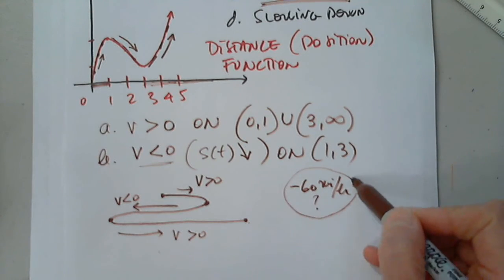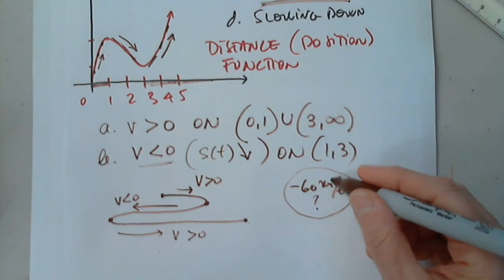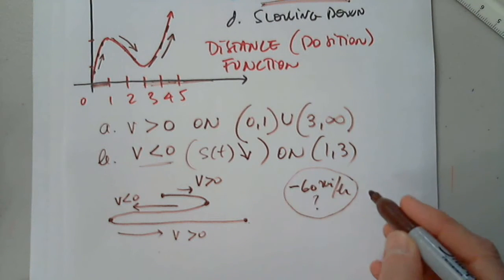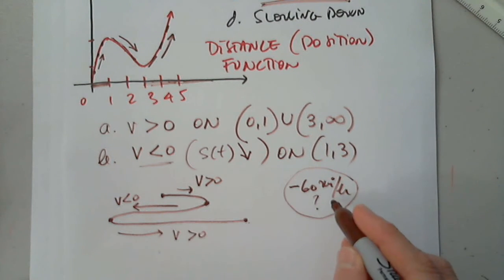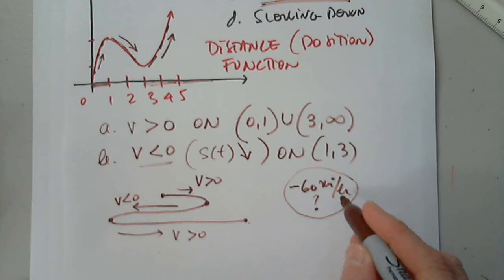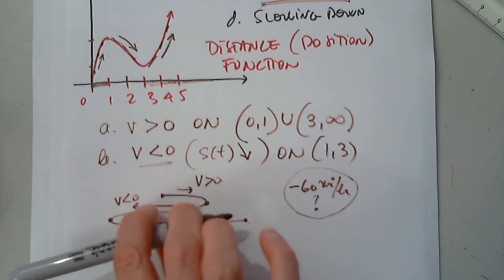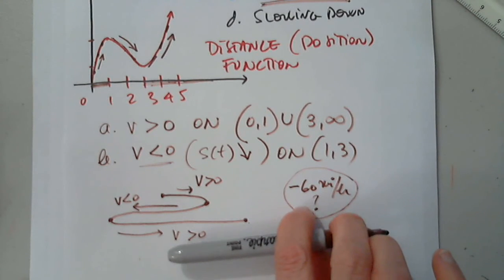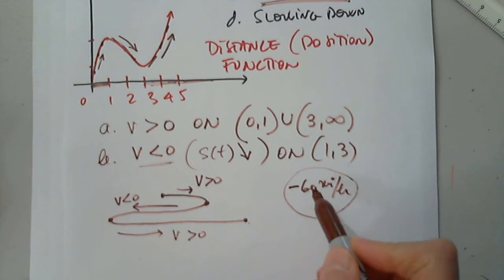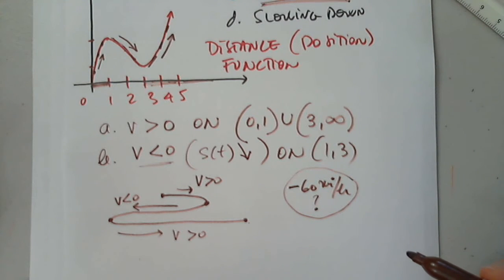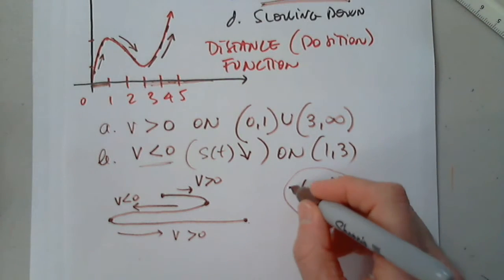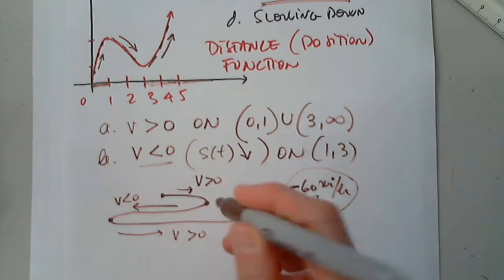I will never say that I'm driving at negative 60 miles per hour. How is it possible? It's all about direction. It's all about the direction of the velocity. It's not actually saying a negative. It could be decreasing, but it doesn't mean negative. It's all about direction.